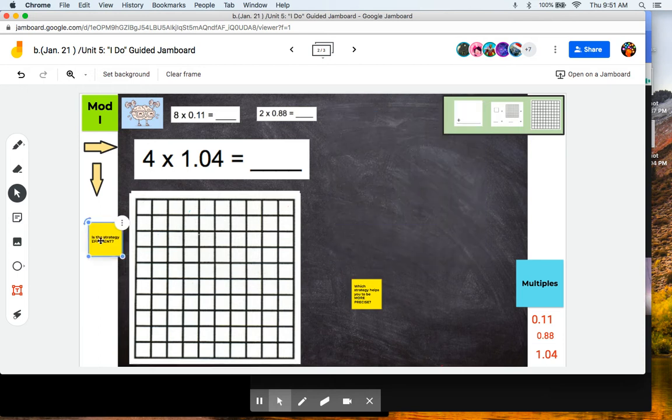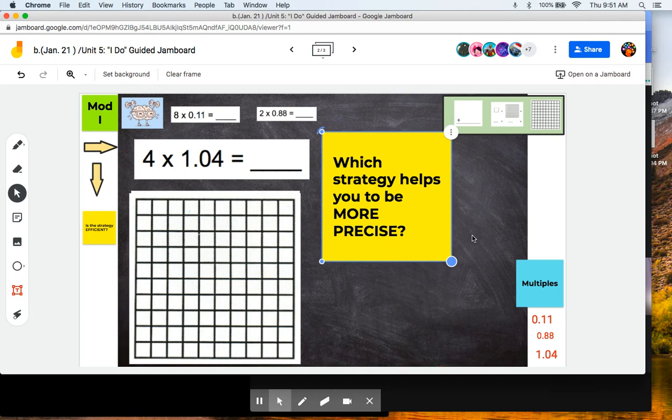And not only is the strategy efficient, which of the two strategies, personally, how you think about it, helps you to be more precise? Because ultimately, when you attend to precision, meaning trying to be correct, which strategy works for you?